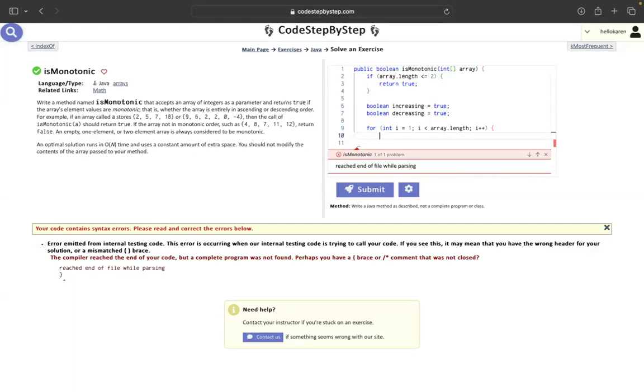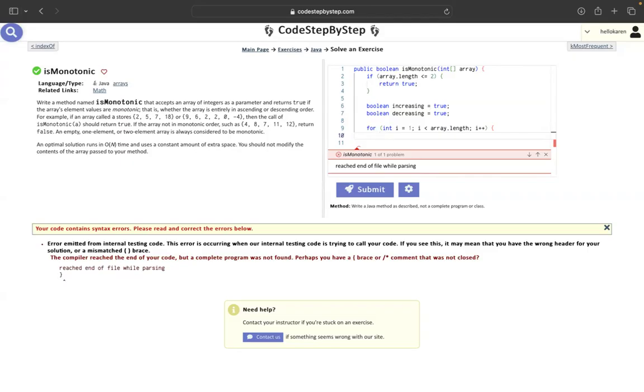This is the other thing I want to say: you don't need two booleans to check increasing and decreasing. If your increasing boolean is true, that means you're checking increasing, and if your increasing boolean value is false, then you know you're checking decreasing.